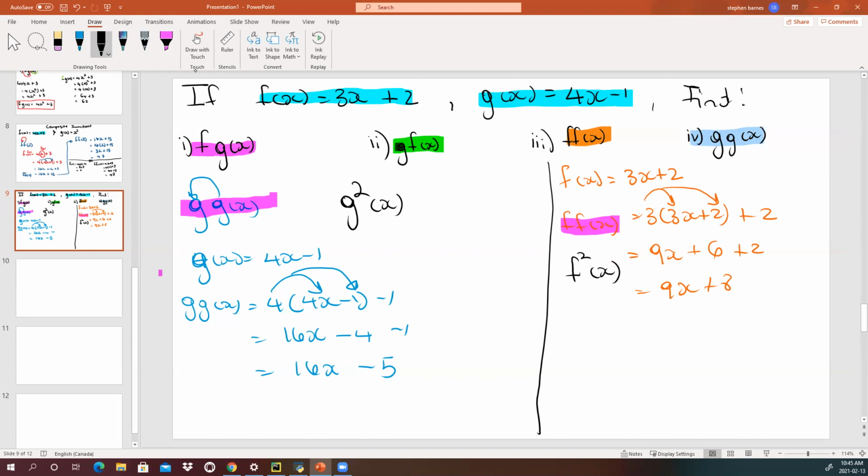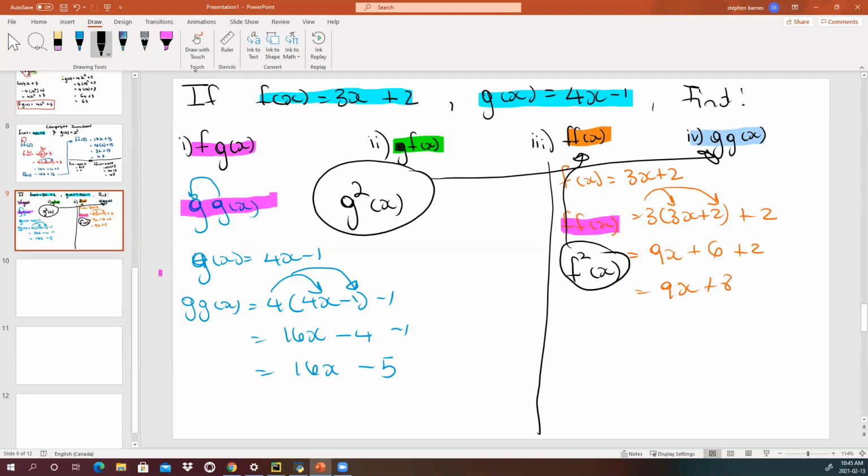It's the same thing because it will be g times g, like what we have here, and f times f. So these are the same thing. Everybody understanding good so far?